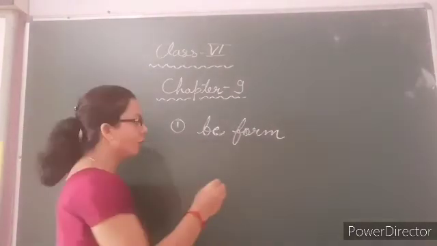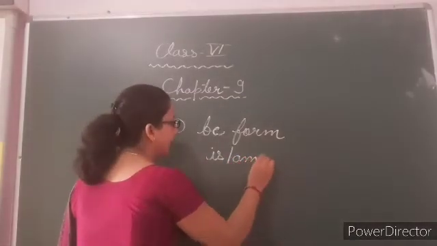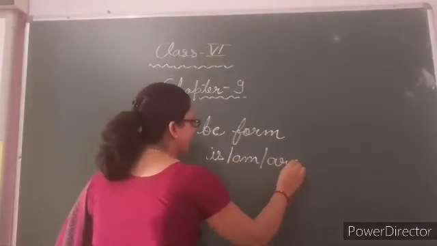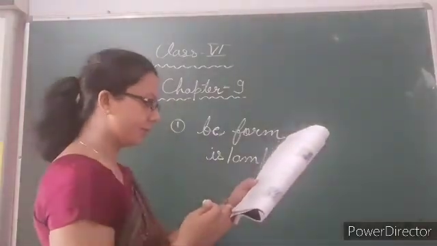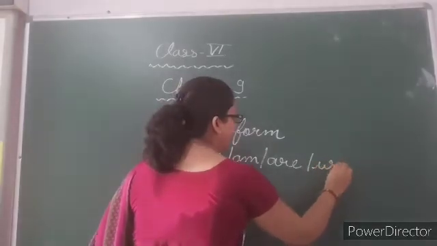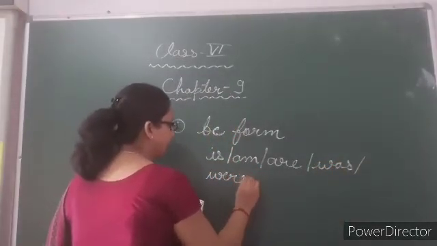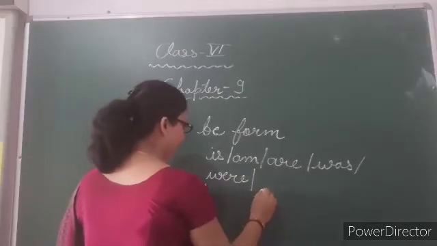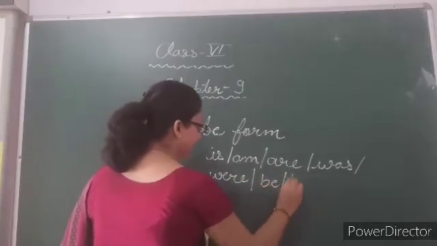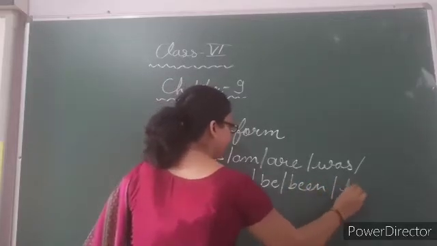Be form is am, is and are. You can check out your page number 52 also. Verb be, being or been.